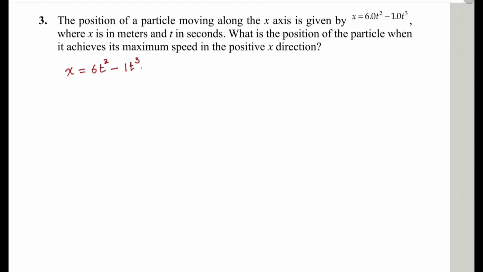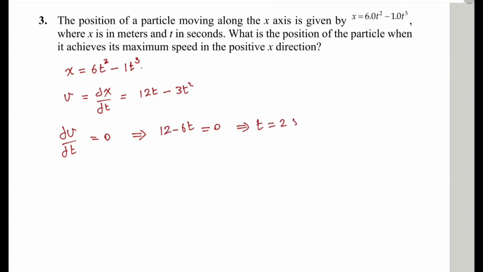So maximum will be achieved when the derivative of the velocity equals 0. So let's derive this one here. So v equals dx by dt, which equals 12t minus 3t squared. Now to find the maximum, derive v with respect to t and set it equal to 0. In this case, 12 minus 6t equals 0, or t equals 2 seconds.